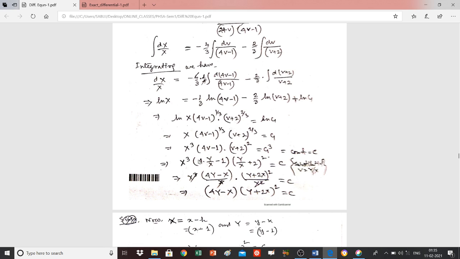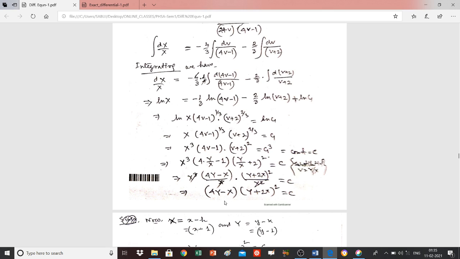So from here, x cube, and you know that the value of v is equal to y by x, so 4 into y by x minus 1, and here also (y by x plus 2) whole square, that is equal to c. Just simplify it. Here is x cube, then (4y minus x) by x, and from here (y plus 2x) by x square. Since it is a squared term, x square is here, and this x and square will cancel with this.